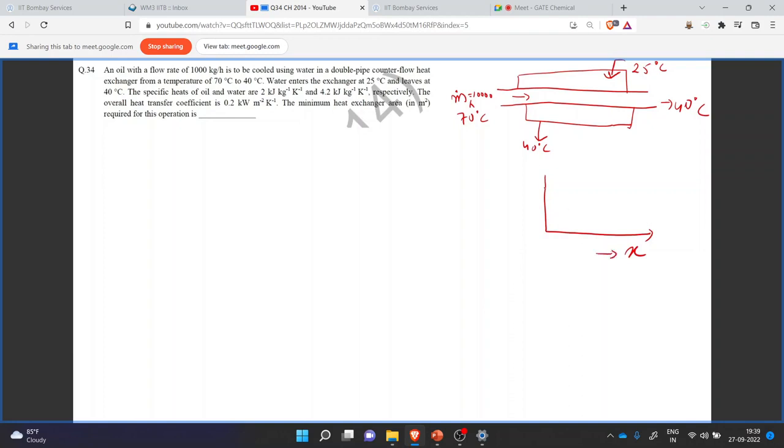This is the x direction. Temperature of oil is decreasing. It is 70 degrees Celsius, 40 degrees Celsius. And we have the water over here. Water will exit at 40 degrees Celsius and enter at 25 degrees Celsius.